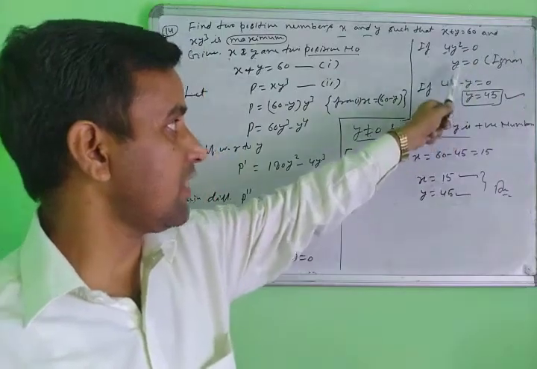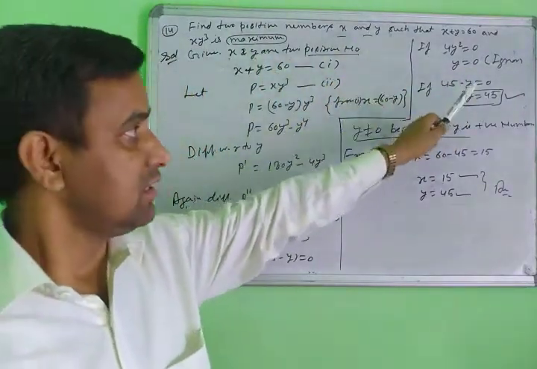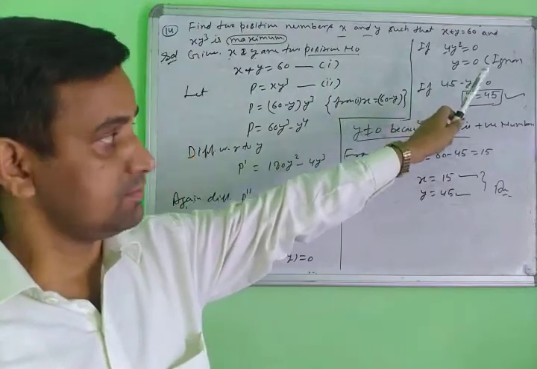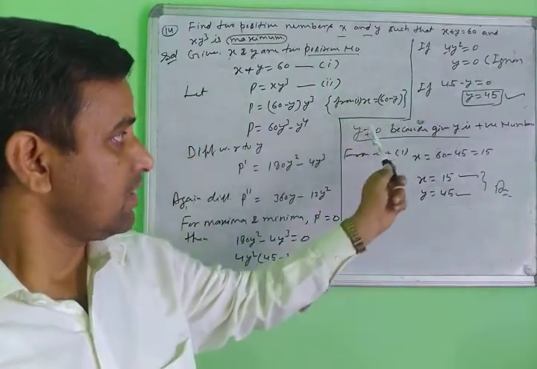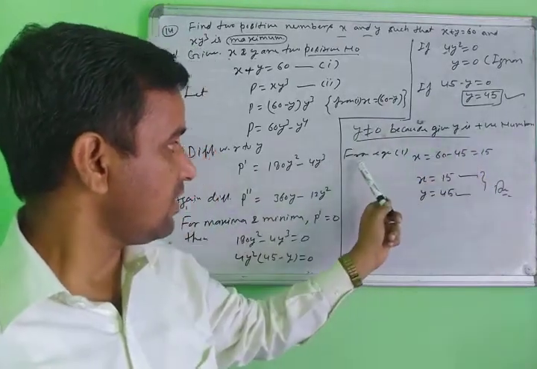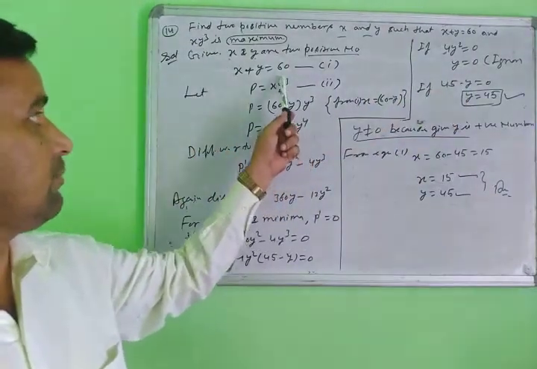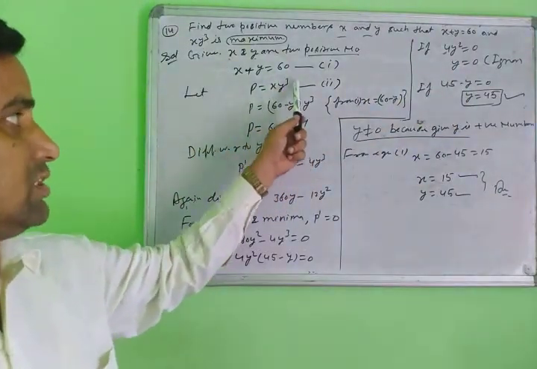But here y equal to 0 is not possible because x and y are given as positive numbers, and 0 is not a positive number. Suppose you put y equal to 0 here, then the maximum value converts to 0. This is not a maximum value.